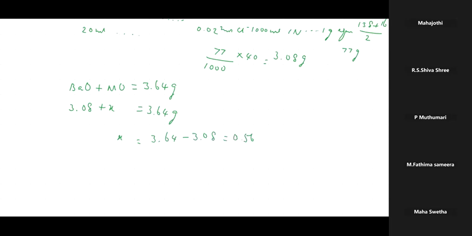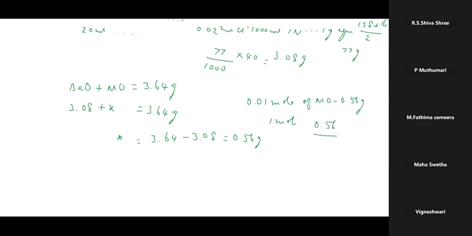Metal oxide weight is 0.56 gram, which means 0.01 mole of metal oxide weighs 0.56 gram. Therefore, what will be the weight of 1 mole? It is 0.56 divided by 0.01, which comes out to be 56 gram.